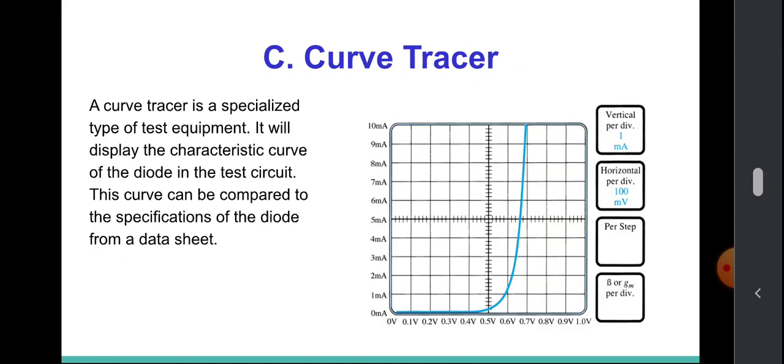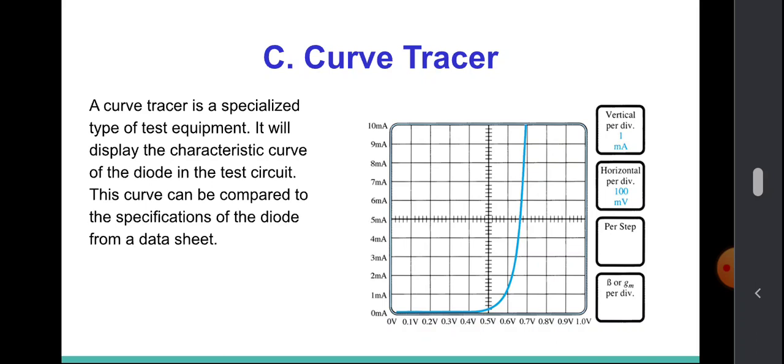And then you can also test a diode by using a curve tracer. A curve tracer is a specialized type of test equipment. It will display the characteristic curve of the diode in a test circuit. This curve can be compared to the specifications of the diode from a data sheet. Every diode, or shall I say semiconductor, has a data sheet.